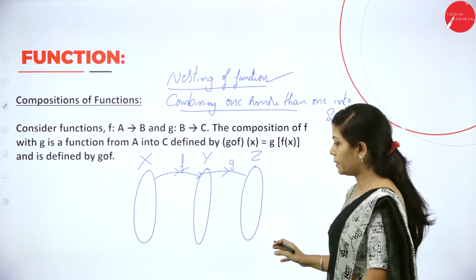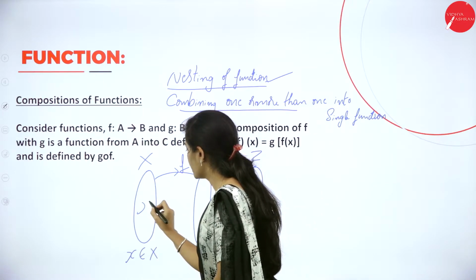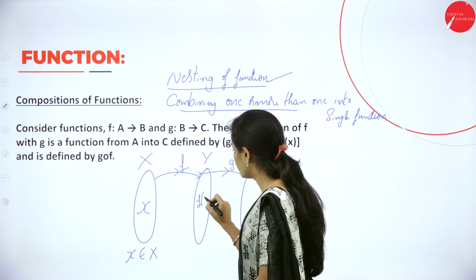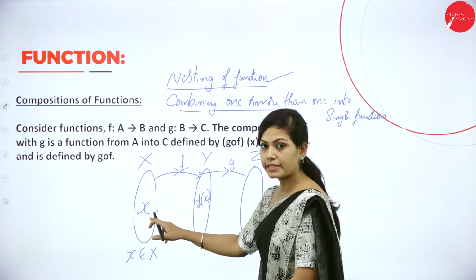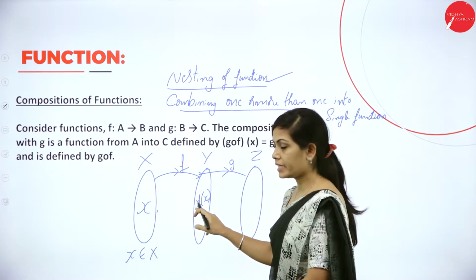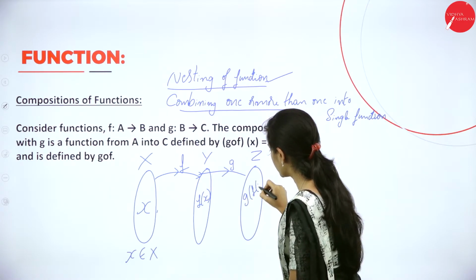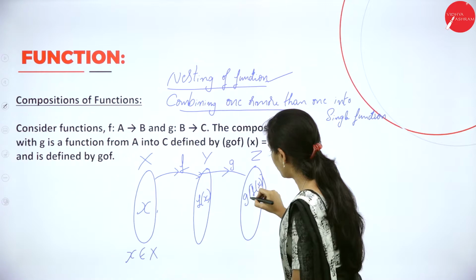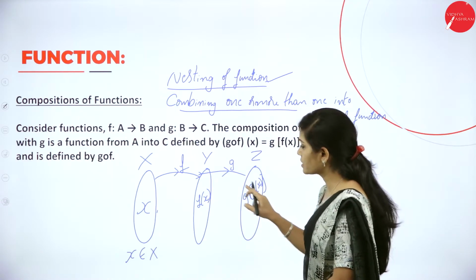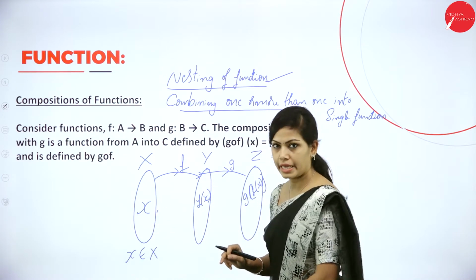Here I will write x. x is fed as an input to the function f of x, and f of x is fed as an input to the function g of f of x.